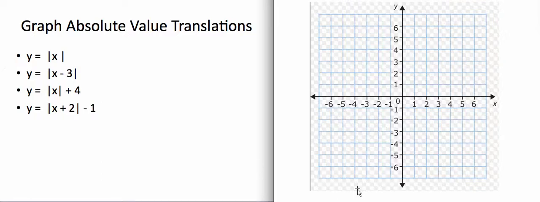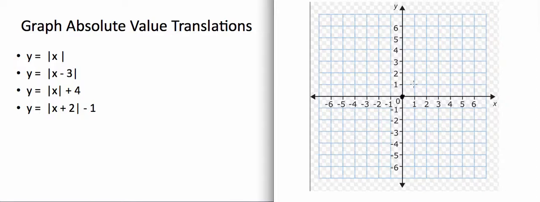We're going to start off here in black with just the normal absolute value function, which for us, we know starts at the point 0, 0, and then it goes up 1 and over 1 each time.